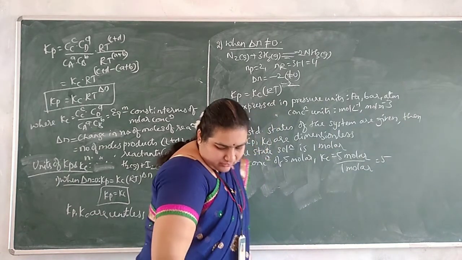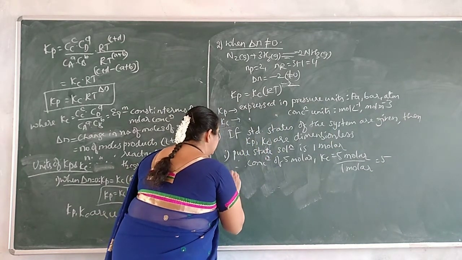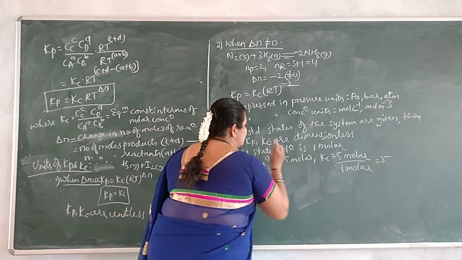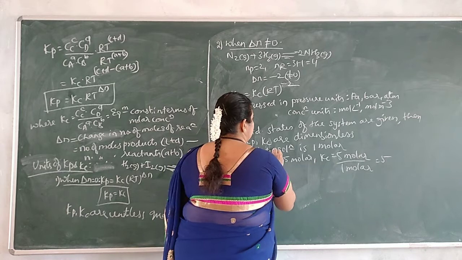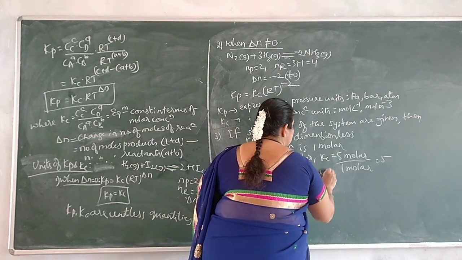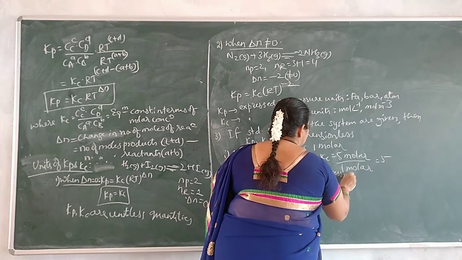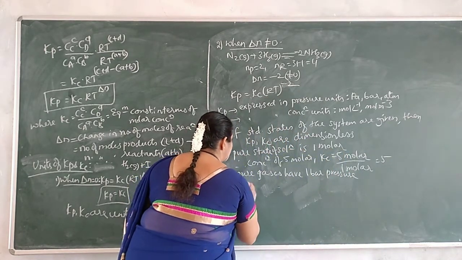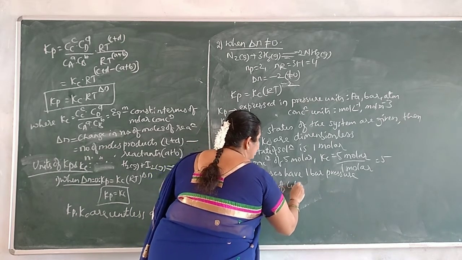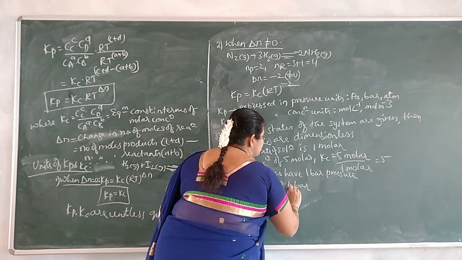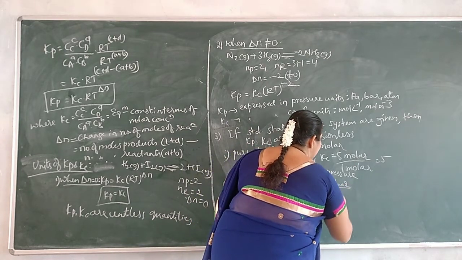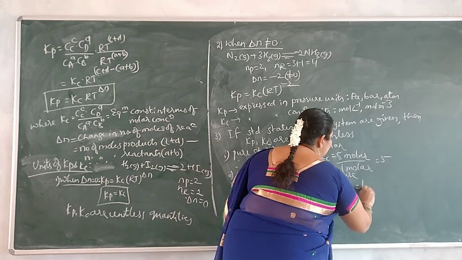Second, pure gases have 1 bar pressure. Therefore, a pressure of 4 bar can be represented by Kp is equal to 4 bar divided by 1 bar, that is equal to 4.